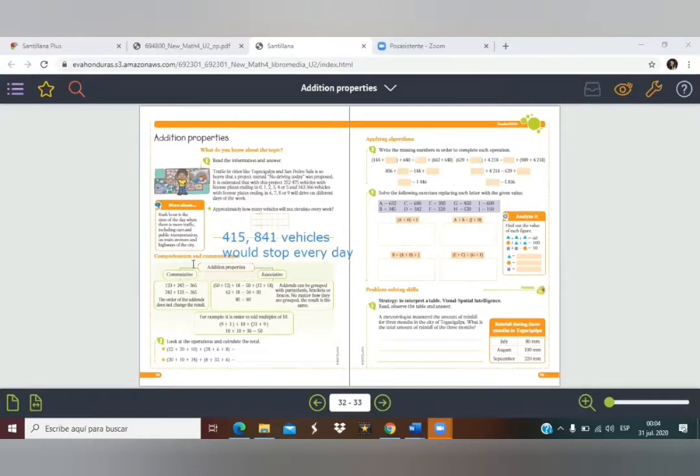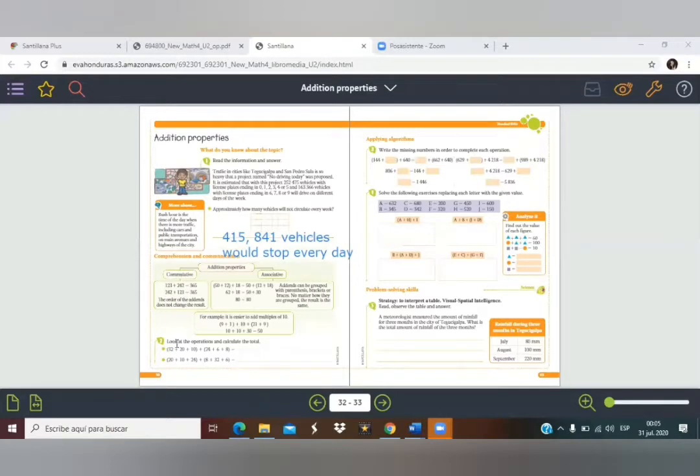Now, here in comprehension and communication, as I said before and as you can see, it is the same thing that I explained in the last class and in the video at the beginning: addition properties, commutative and associative.